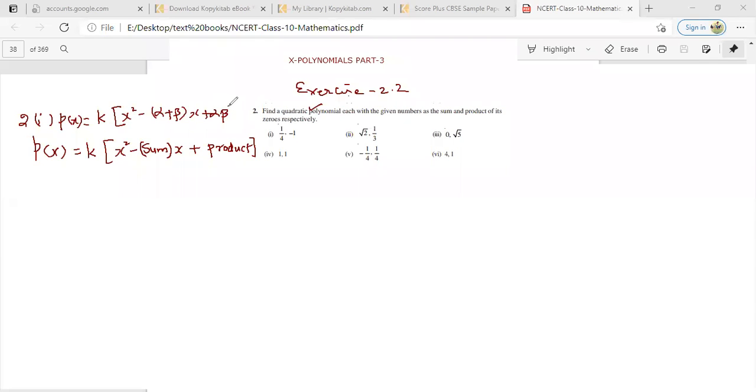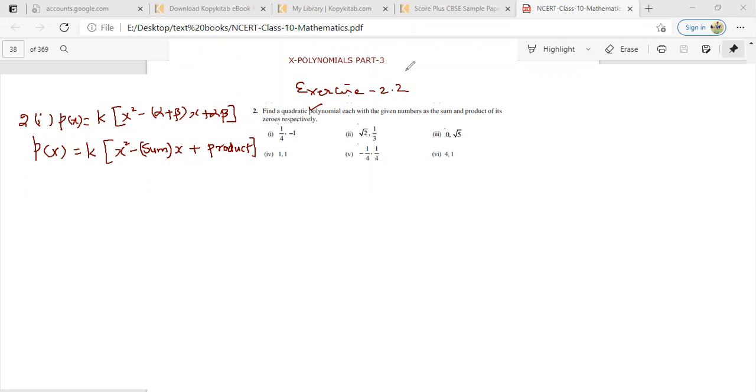So one thing keep in mind, if sum and product are given or alpha beta are given, we can make infinite number of polynomials because of this k. K is an arbitrary constant. Arbitrary constant means we can put any value, 1, 2, 3, whatever we want, and we can make infinite number of polynomials.